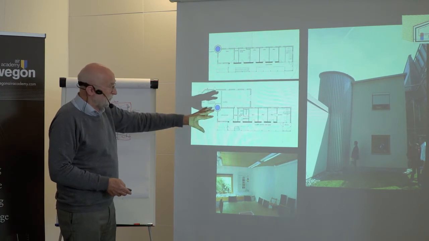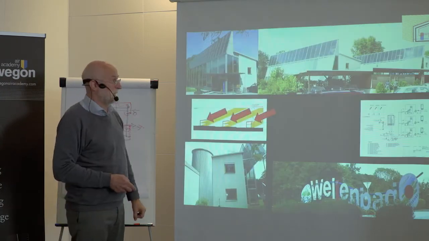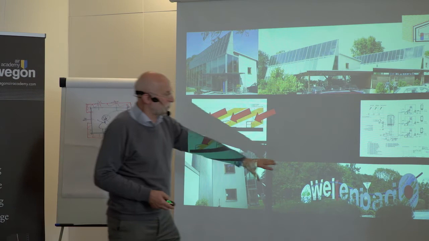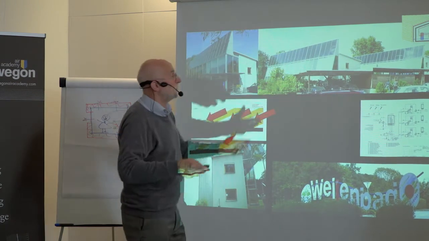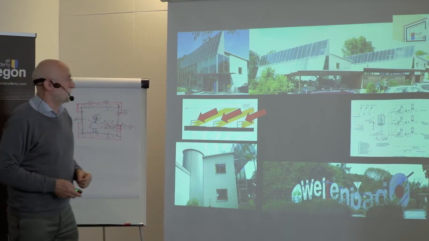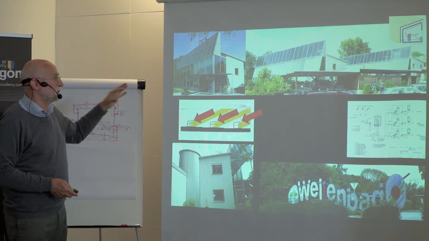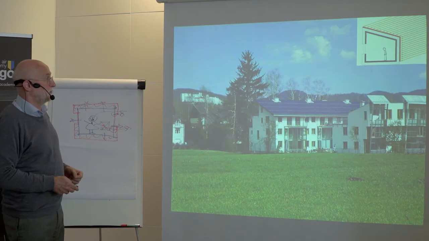And of course, they have a lot of overheating during summer, but luckily there is a public swimming pool close by, and the overproduction in summer is delivered to the swimming pool, so this house is producing more energy than it consumes.